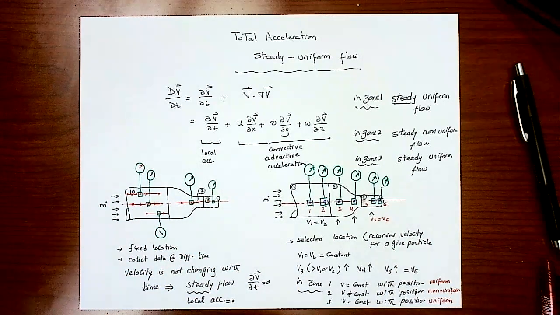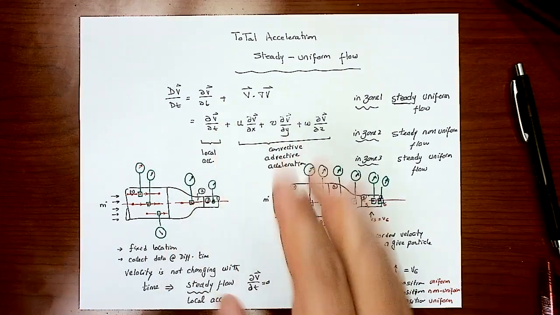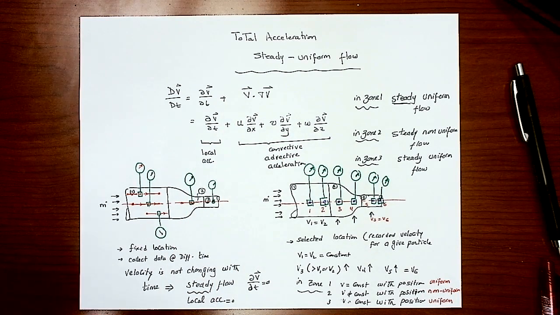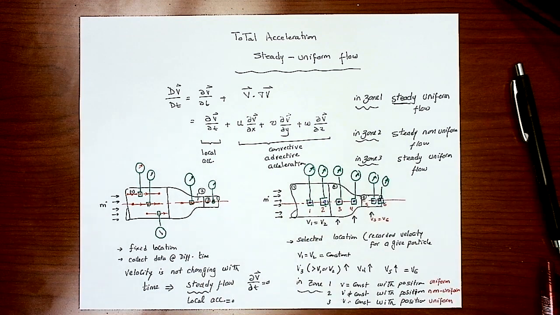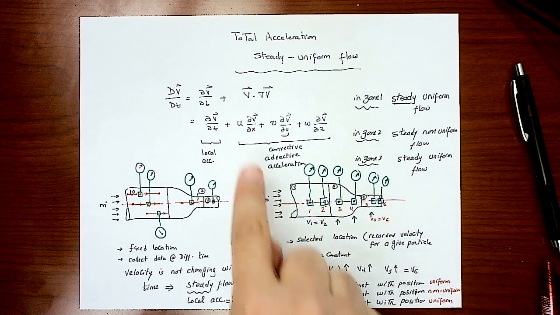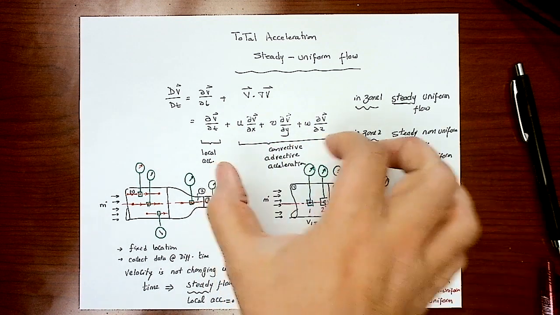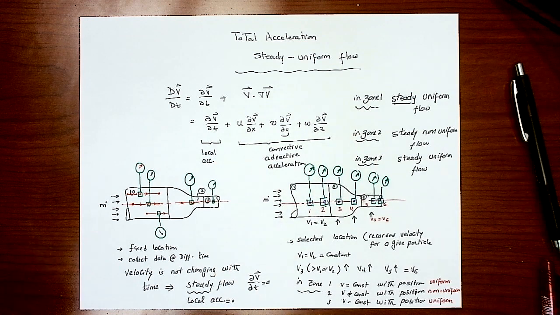You pick a location, you track the velocity with time. If it's not changing, that's steady flow, which means that your local acceleration is 0. If the flow does not change from one position to the other, that's uniform flow, right? So that convective term is not going to exist, right? It's no change relative to the position X, Y, and Z. So this term will vanish for uniform flow.